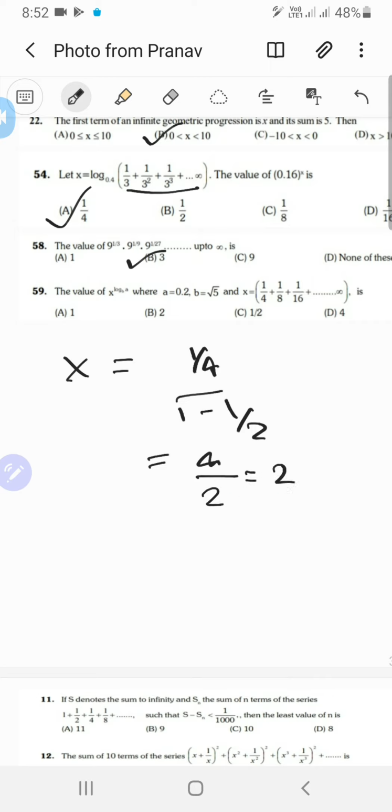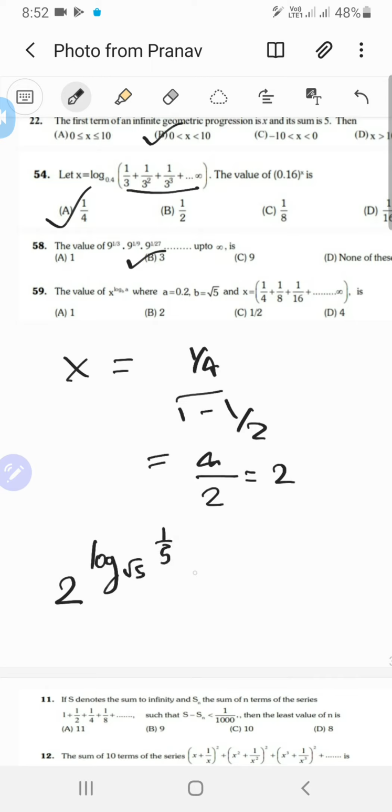So x is 2, so you just get 2 to the log base root 5 of 0.2, which is 1 by 5.